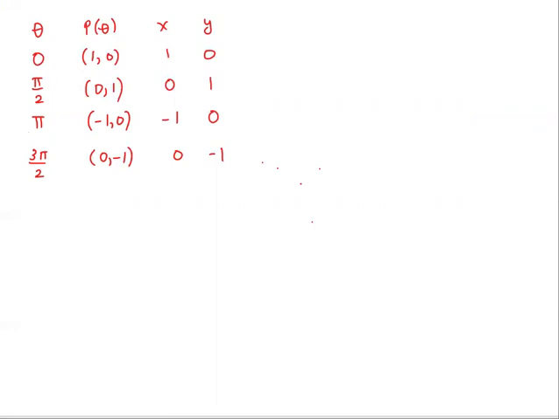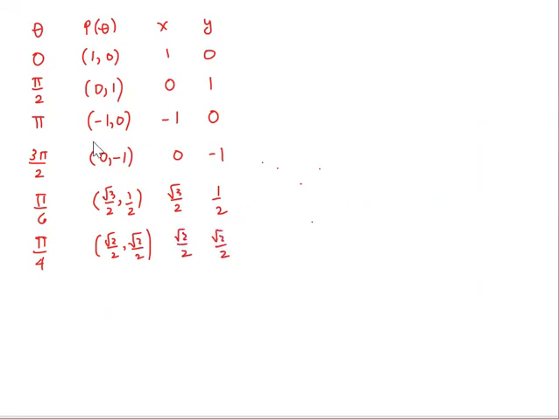Now for the special angles: for pi over 6 or 30 degrees, the terminal point is square root of 3 over 2 comma 1/2, so x is square root of 3 over 2 and y is 1/2. For pi over 4 or 45 degrees, the terminal point is square root of 2 over 2 comma square root of 2 over 2, so both x and y are square root of 2 over 2.